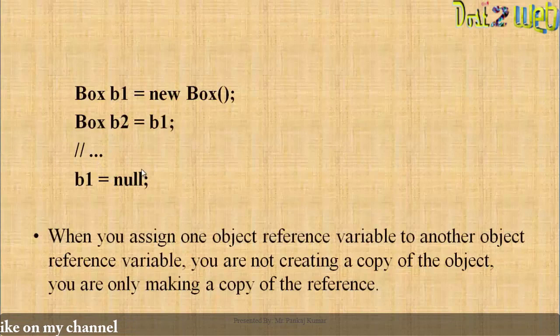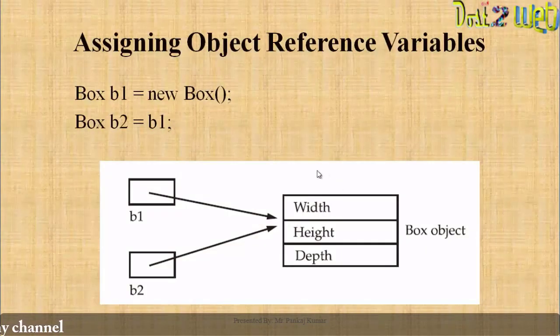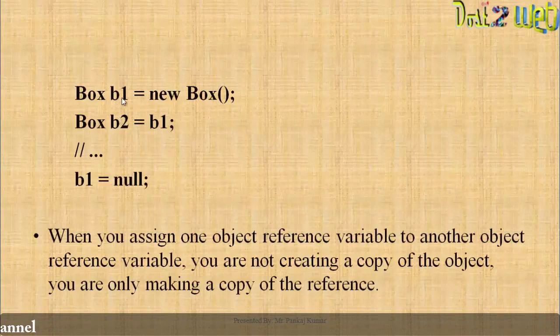No, b1 will become null, but b2 will still have the instance variables which you defined here, because the data, whatever instance variables you had in b1, was already copied into b2. But at a later stage you say that b1 should be null. So here b1 will be null, but b2 will still have the instance variables.